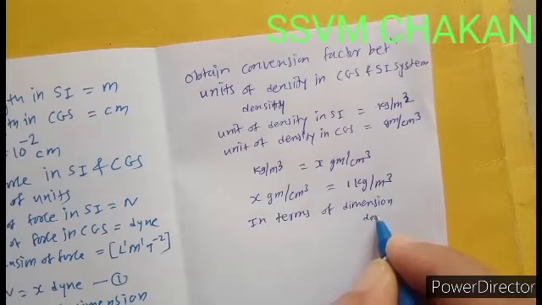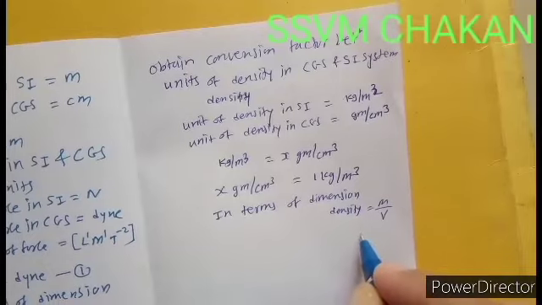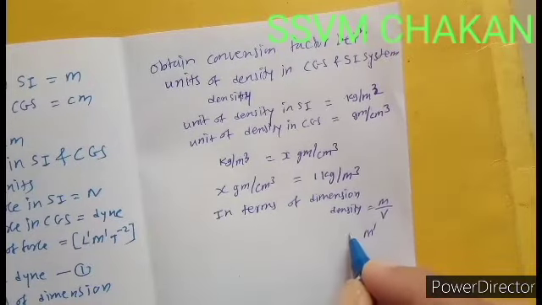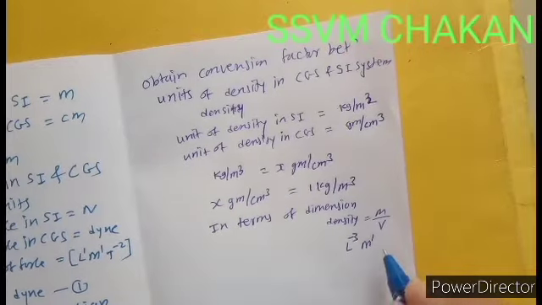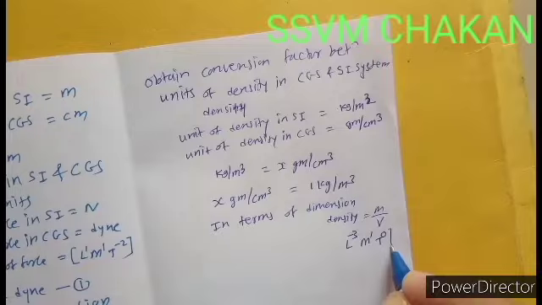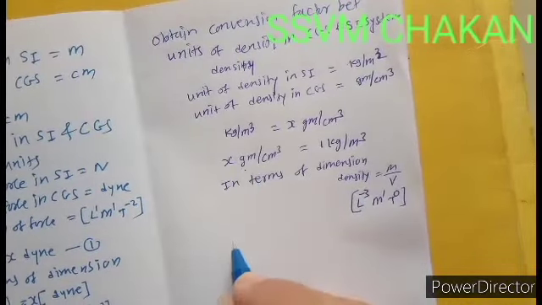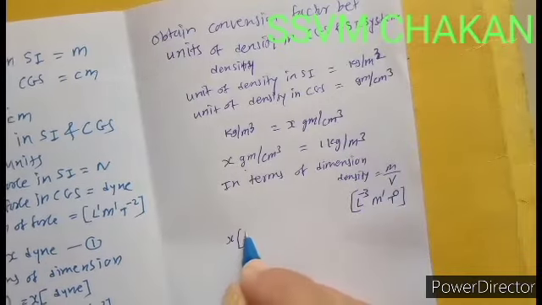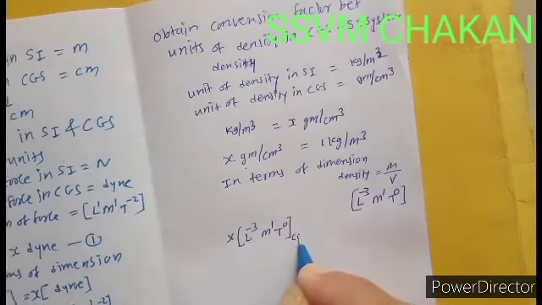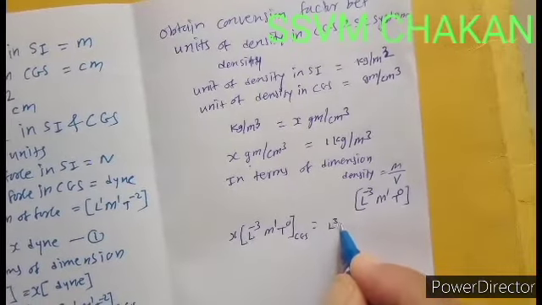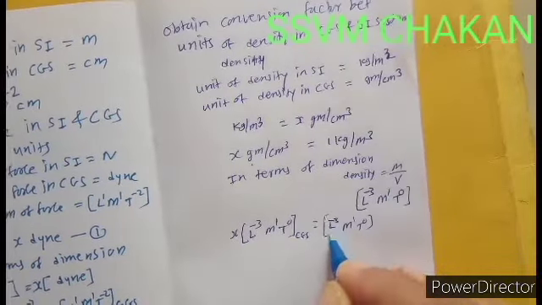Density is mass upon volume. So mass M raised to 1, volume L cube, but in the denominator, take in numerator L raised to minus 3, time is not present, T raised to 0. So write this equation in terms of dimension: x L raised to minus 3 M raised to 1 T raised to 0 in CGS, and L raised to minus 3 M raised to 1 T raised to 0 in SI.